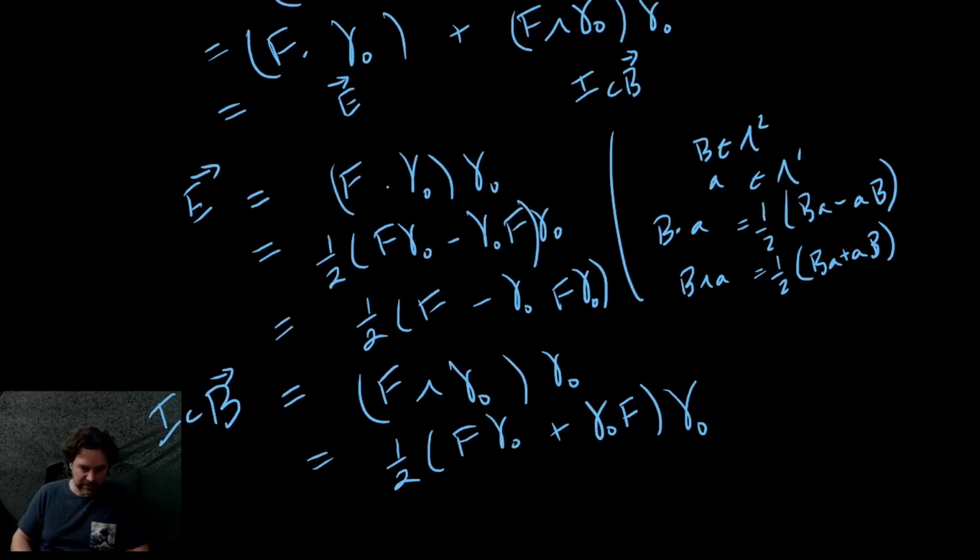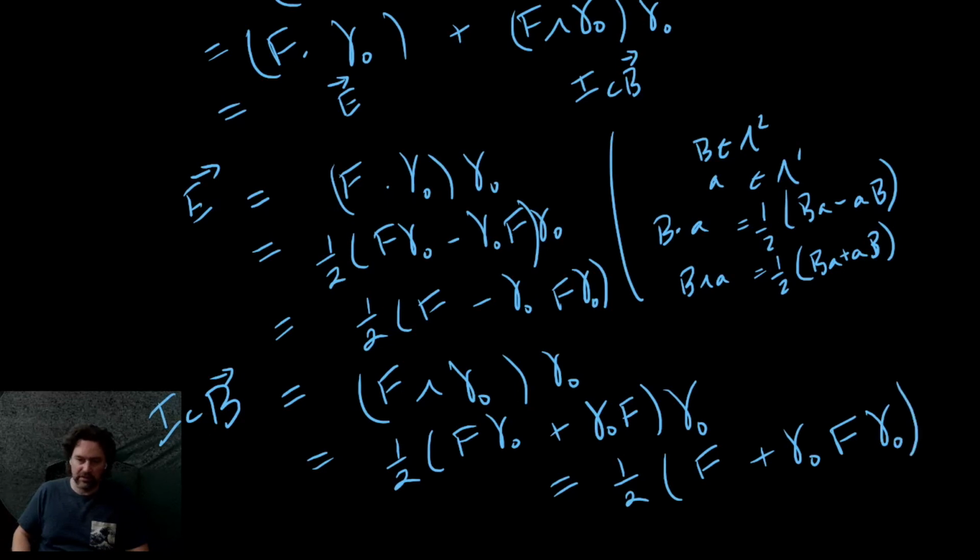And I've hit the end of my page here. I can't go up anymore. So that is 1/2 of F plus gamma naught F gamma naught. Let me just make a new page and write that out in scratch.